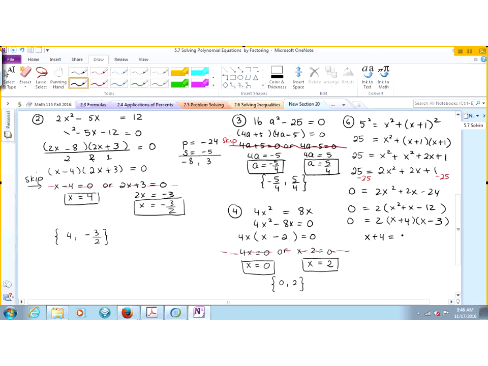No. So you're going to say x plus 4 is equal to 0, or x minus 3 is 0. So what is x? Negative 4, or x is equal to 3. Now, does it matter that I have a 2 here or not? No. So that's why you could just divide by 2, divide by 2, divide by 2.